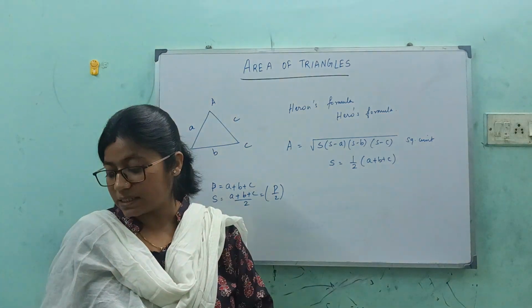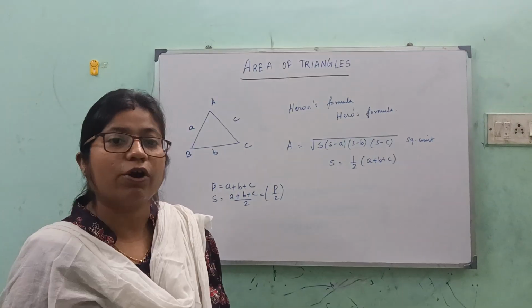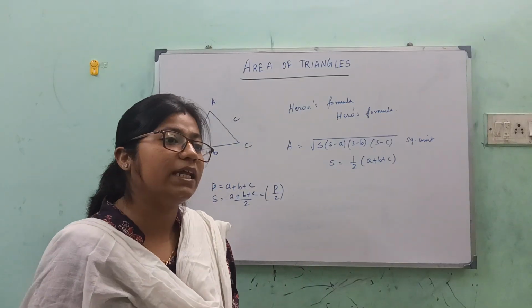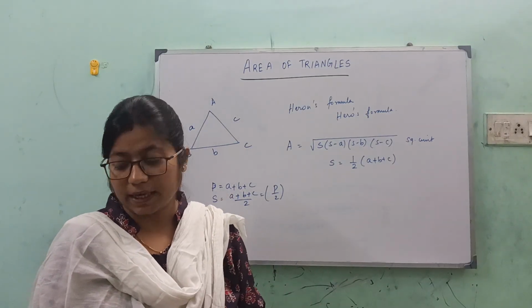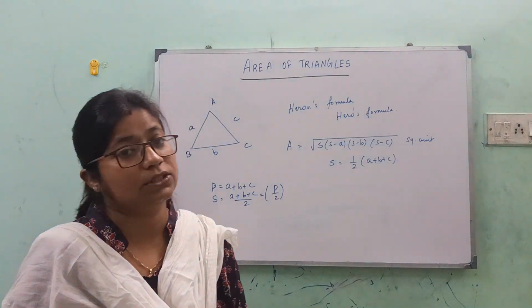This is the basic or the most important formula. Using this formula, you can find out the area of an equilateral triangle, the area of an isosceles triangle, as well as the area of a right angled triangle.